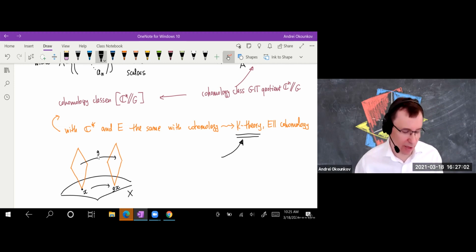It's like if you have a representation of a group, it's an action on a vector space. But now you have a vector space for every point of your topological space, and the group acts linearly on these vector spaces as it permutes points of the base.